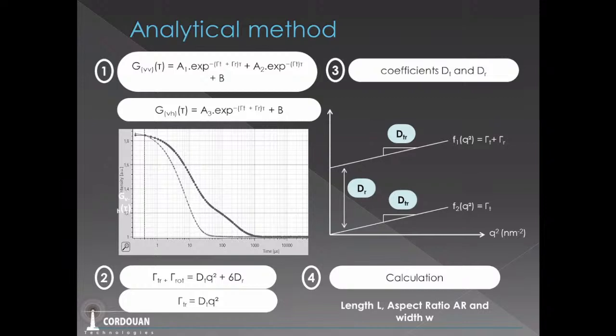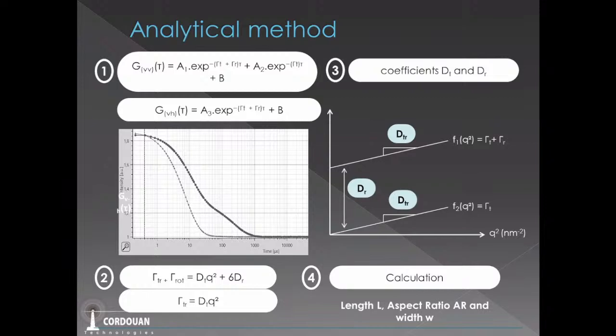With 1 angle, I can make a measurement. Q is linked, like for SAXS, to the angle of the scattered light. With 1 angle, I can have an information, but what we have seen is we need more angles in order to have better precision on the calculation of the length and the width of nanoparticles.